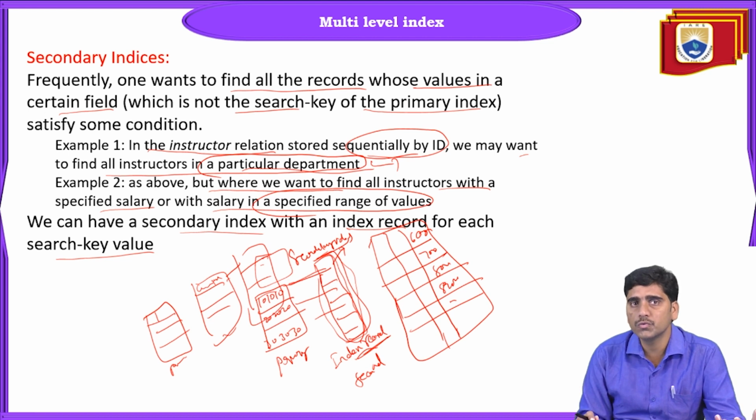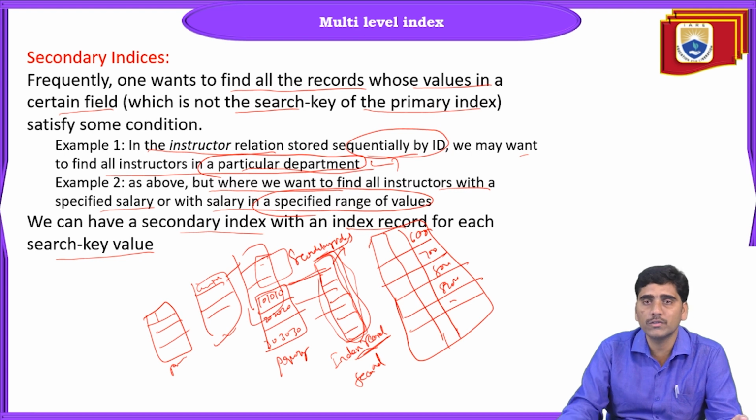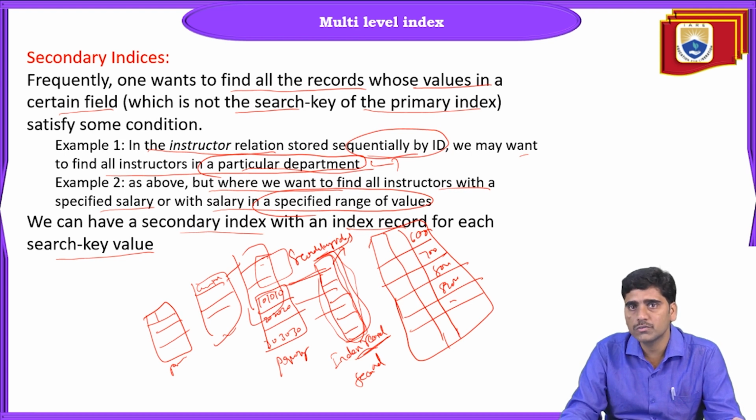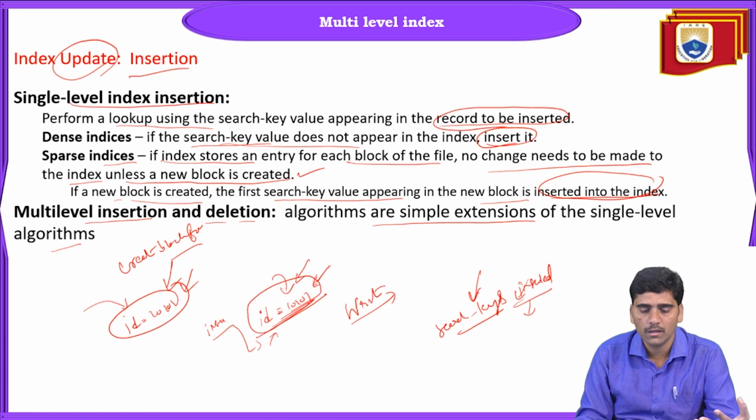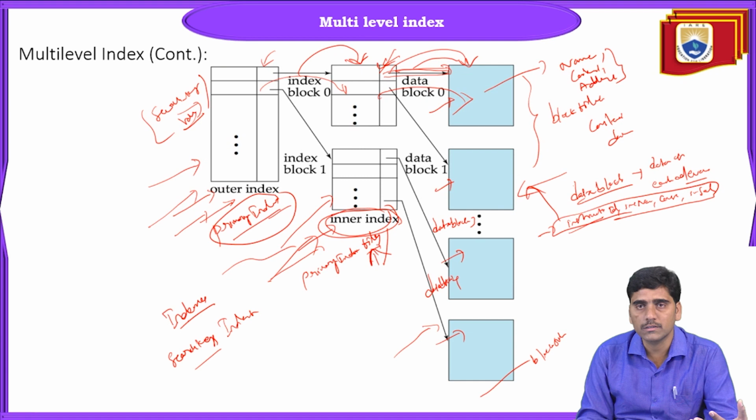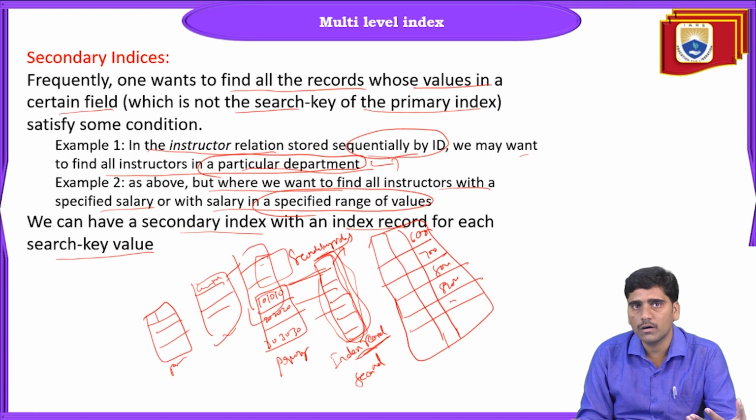So we choose to create indexes and use these values to retrieve the data. That is what we have to understand from these indexes: primary indexes, secondary indexes, as well as multi-level indexes. So this is all about primary indices and secondary indices.